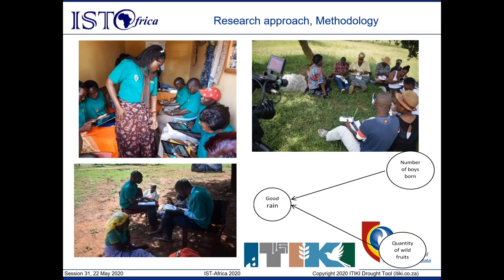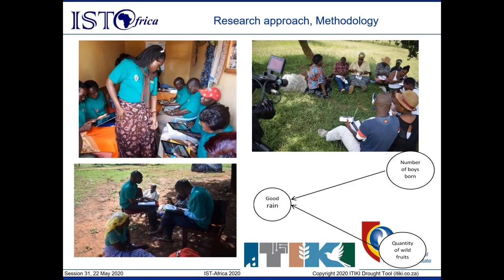In this slide, I just included pictures of some of the sessions we held. The first picture on top left was a brainstorming session with the farmers and the ambassadors in Kenya.